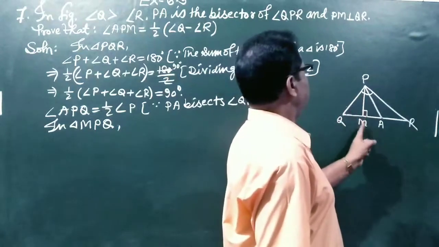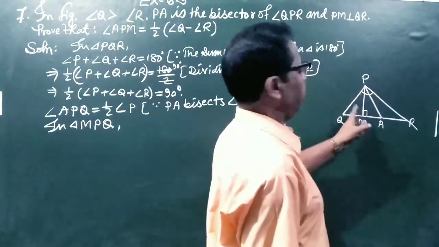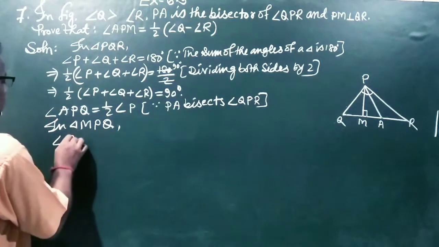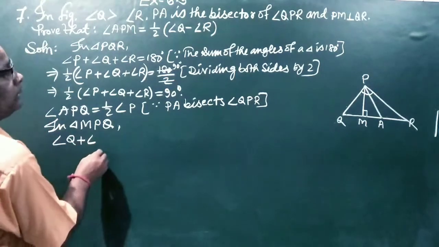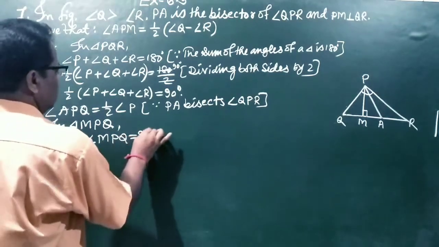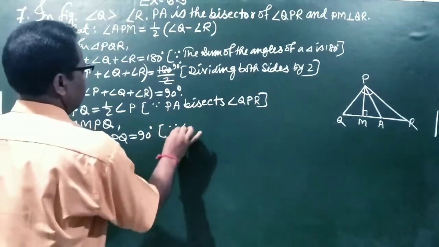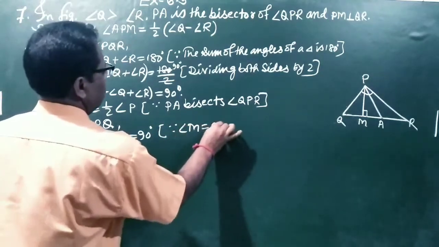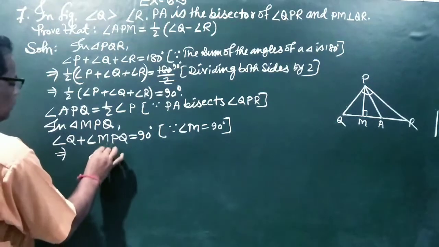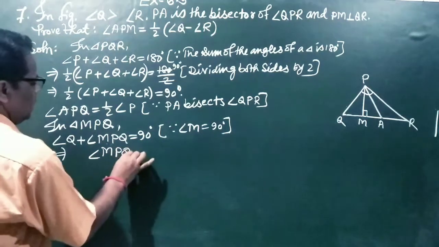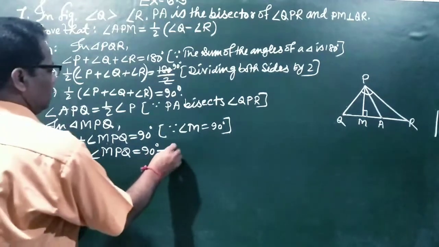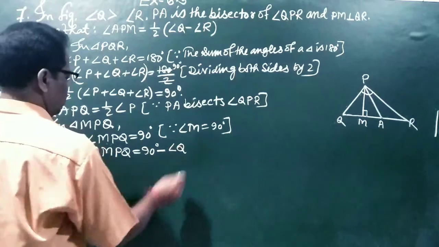Angle Q plus angle MPQ will be 90 because angle M alone is 90 degrees. Therefore the value of angle MPQ is 90 degrees minus angle Q, transferring to the right side as minus.